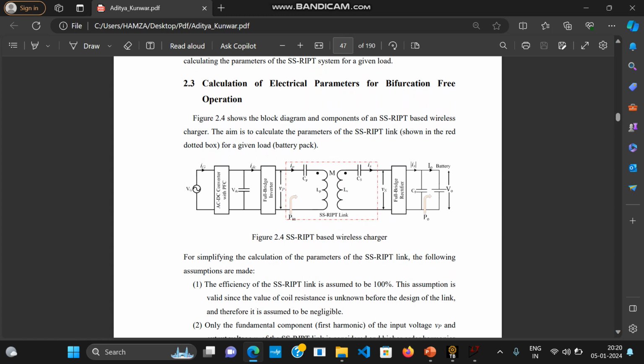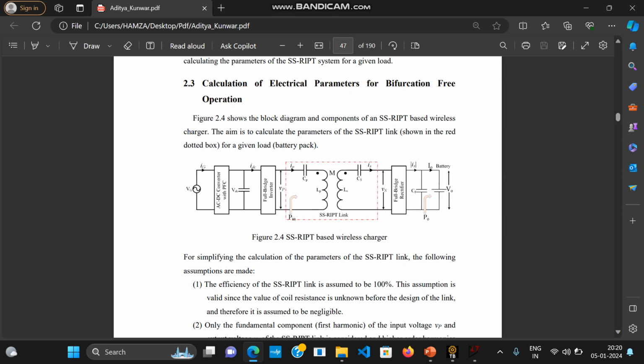In the case of parallel, both the capacitors at the transmitter side and at the receiver side will be in parallel. When you talk about series parallel, then here it will be in series and here in parallel. And when you talk about parallel series, then in the transmitter it will be in parallel and in the receiver it will be in series.